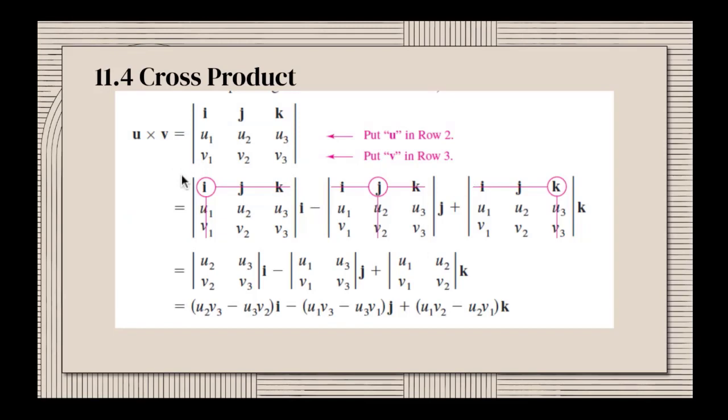You put i, j, k in the top row and take the cross product by multiplying the opposing columns. So here's an example. In the first one, we would do only the multiplication of u2 and v3 and u3 and v2. So we're taking basically the determinant, and same for j and k. We'll do a practice problem next to show you how that works.